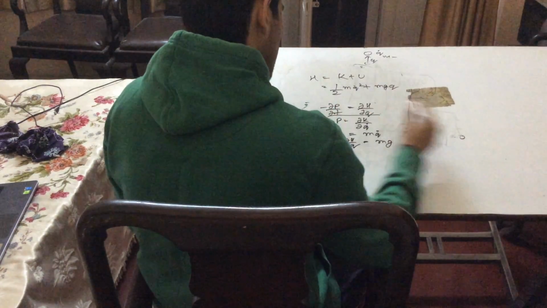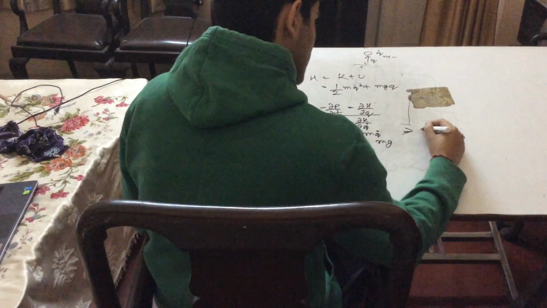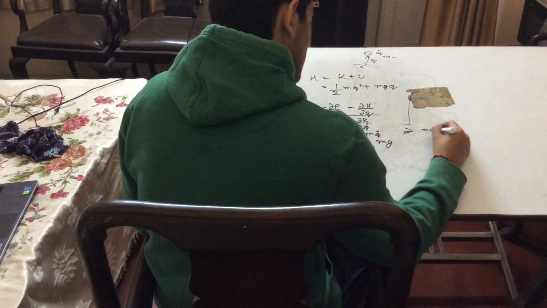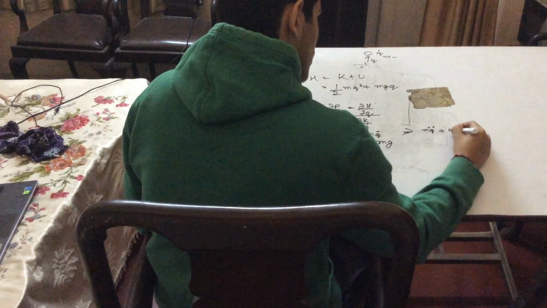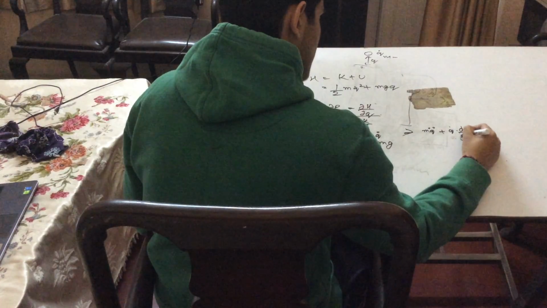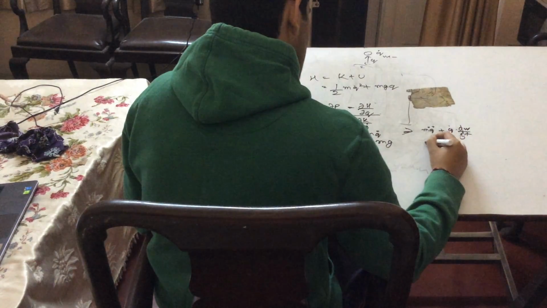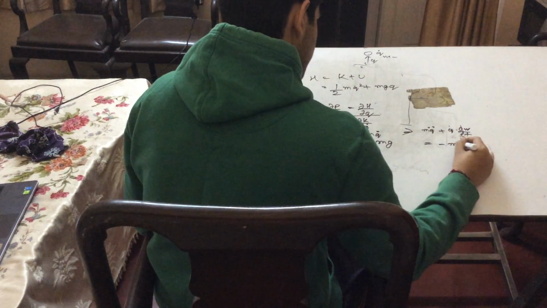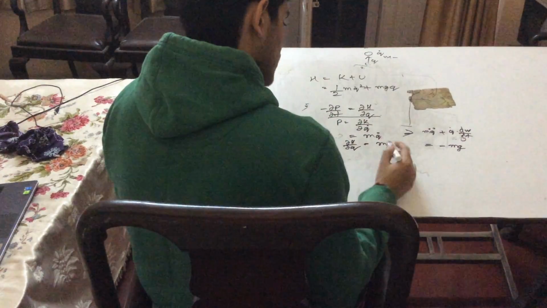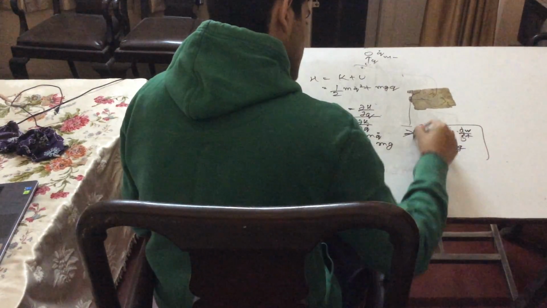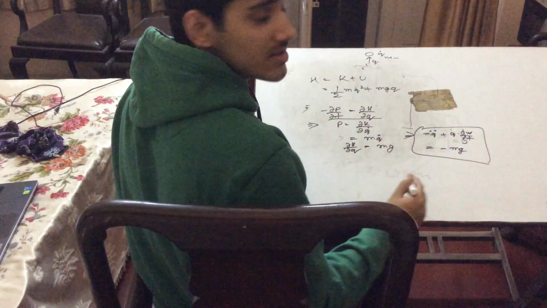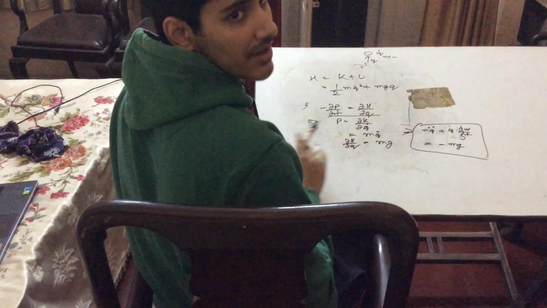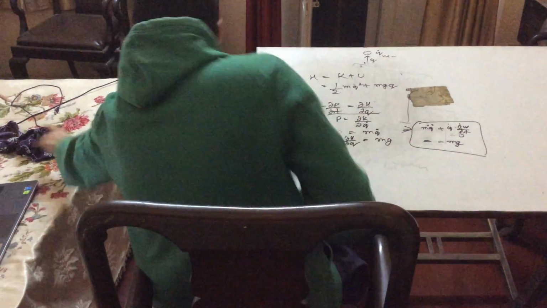From this equation we have minus d by dt of m q dot equals to m q double dot plus q dot into dm by dt, equals to minus mg. So this is the equation given by the Hamiltonian analysis, and this equation is the same as the Lagrangian one which I proved earlier.